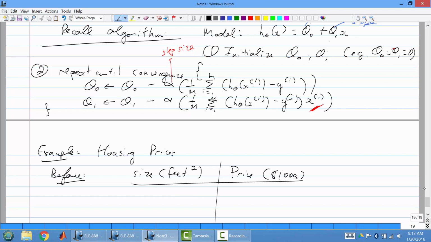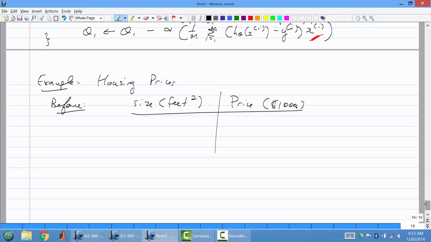Then in that case we had 2104, 1416, and then 1534, 832, and so on. And then the prices were 460, 232, and then 315, 178, and so on. This is just having one feature, and this is the example.